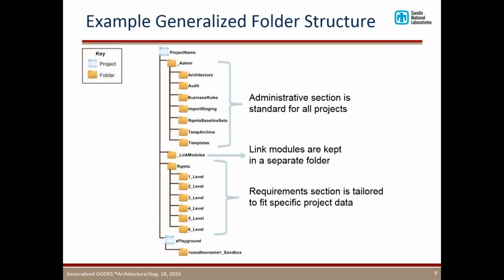The numbers force a specific order of the folders. This folder structure supports linking from one level up to the next level for the traceability. You may have different numbers of requirement folders, but you need at least 2 levels, otherwise you don't have anything to trace.